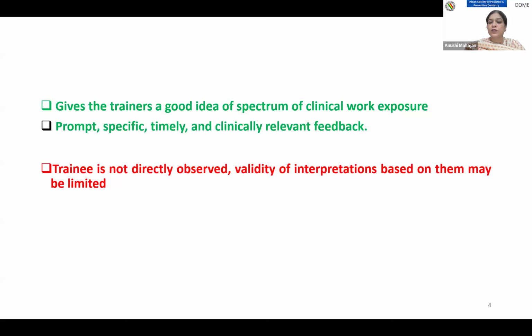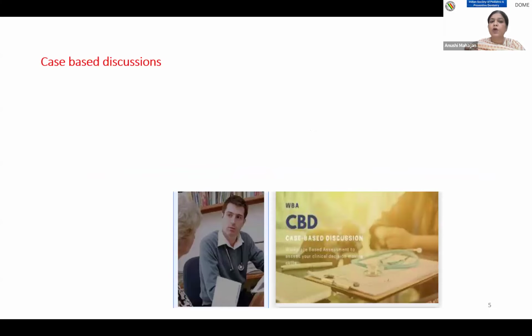The usefulness of this is that it gives the trainer a good idea of the spectrum of clinical work exposure. Prompt, specific, timely, and clinically relevant feedback can be given. The only problem is that the trainee is not directly observed, so the validity of interpretations based on them may be limited.